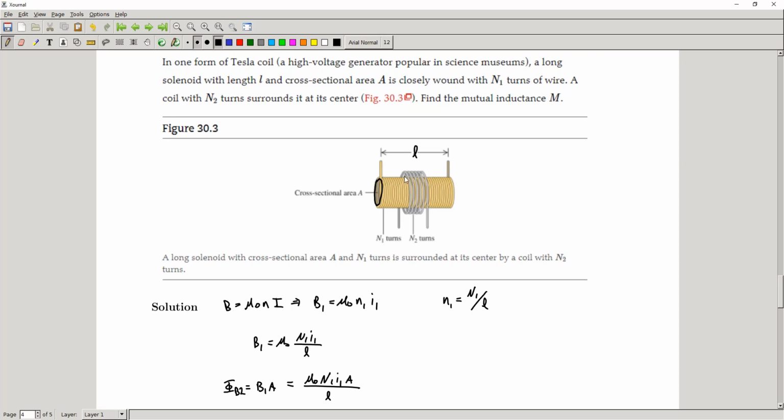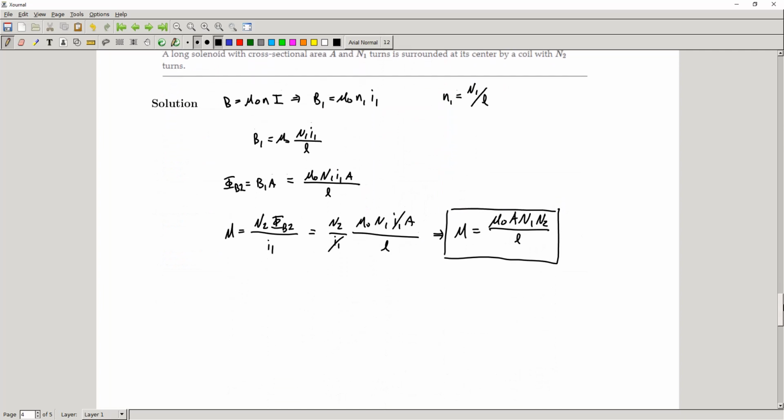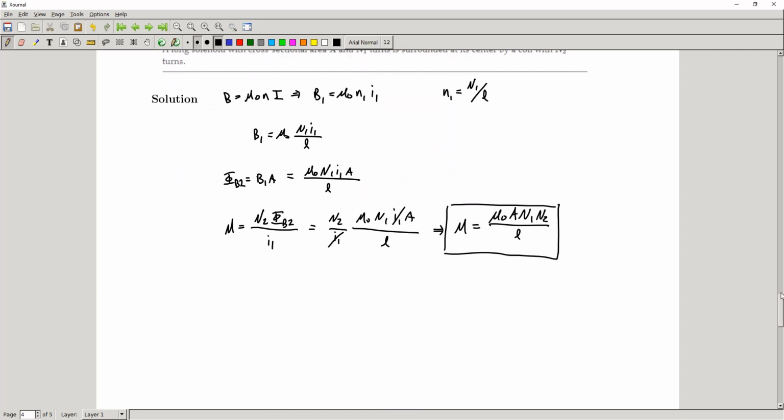That field runs through here, but it starts to curve. So this is the average over all of these different turns of the solenoid. The magnetic flux is not exactly that value almost anywhere; it's more the average through this thing. But we don't have to worry about that too much. We are looking for the average, and this is the value that we end up getting for our mutual inductance.